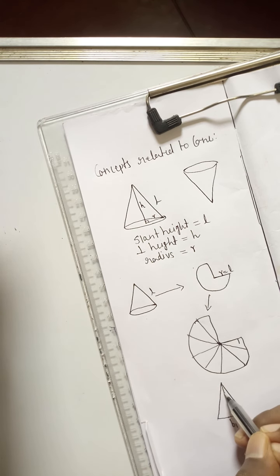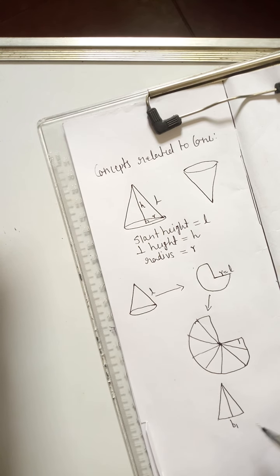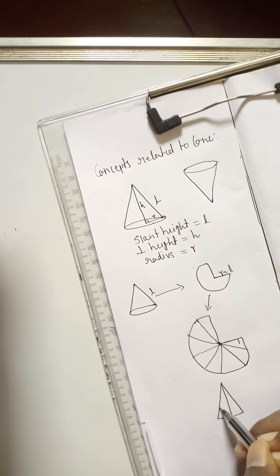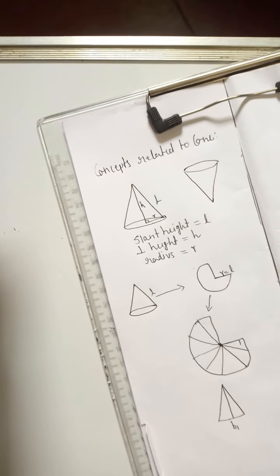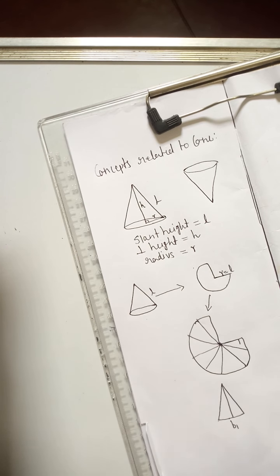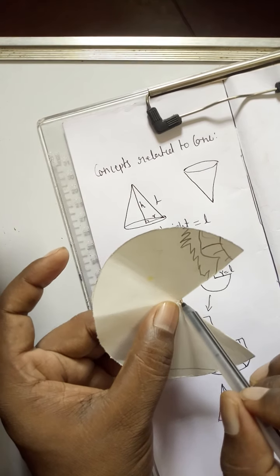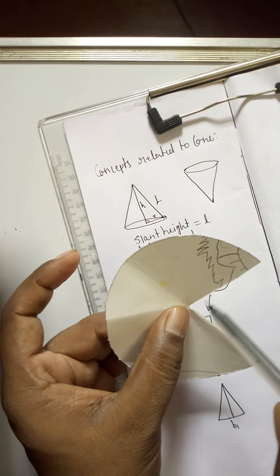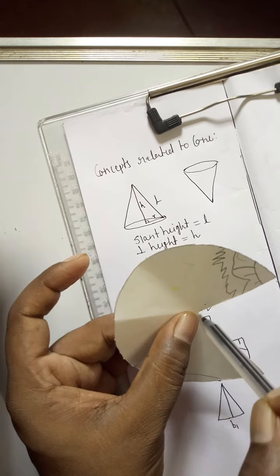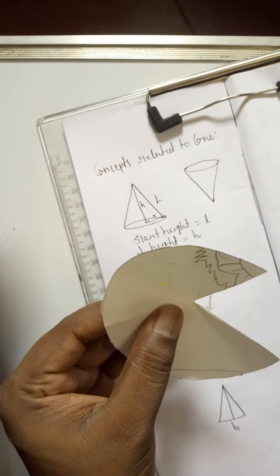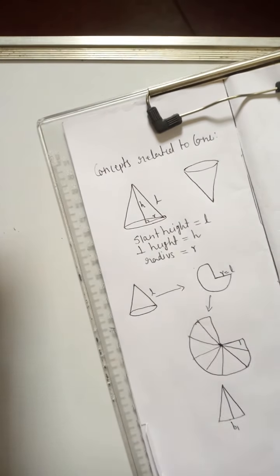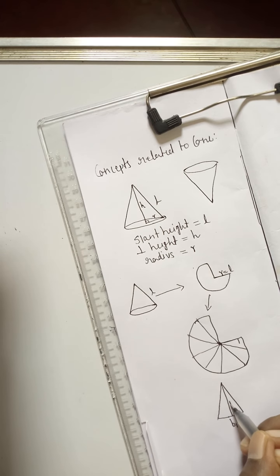This portion, this height, in this case this and this will be the same. From here to here, this is the slant height, so this will be uniform at any point. Same way, this is l.